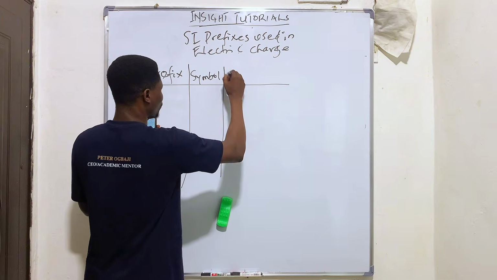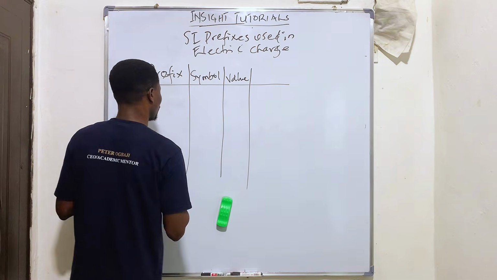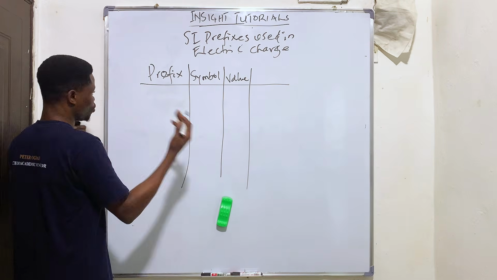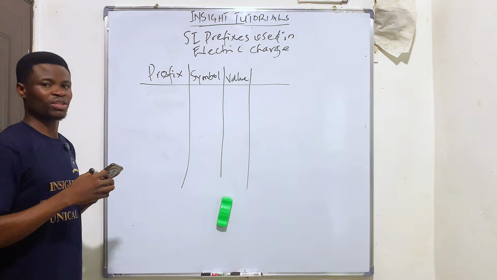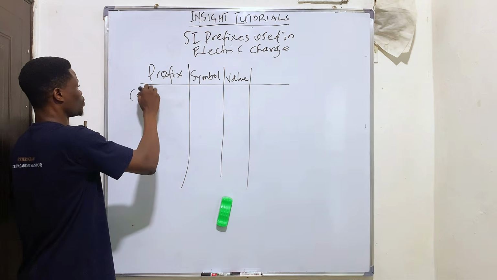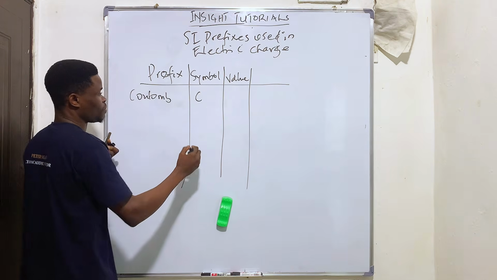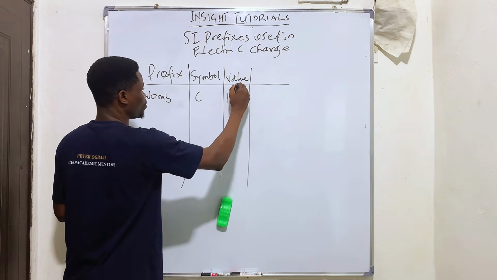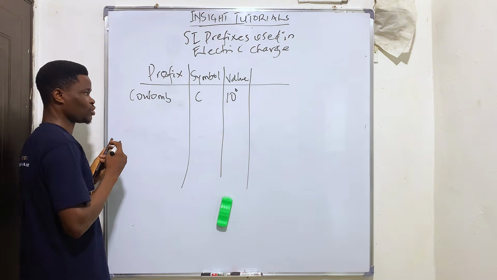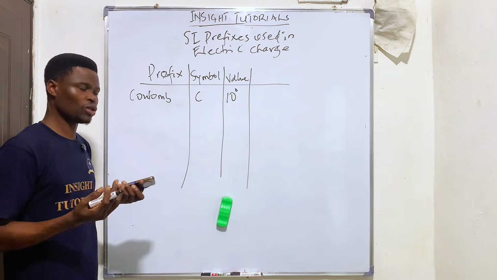Then this should be the value. Now, let's start with this. Sometimes the basic unit of charge is coulomb, and if we have it as coulomb, the symbol is just C, and the value for that is 10 raised to the power of 0. Now, there are times where they can give you your unit in kilocoulomb.